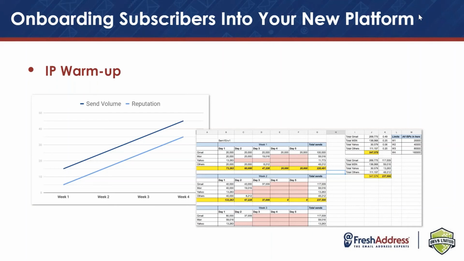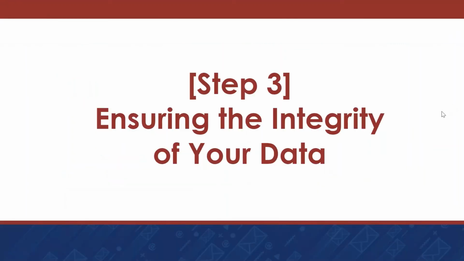This is why it's very important to know the metrics, open rates, click rate, to know the metrics about engagement, because you want to start sending to your most engaged subscribers. So this is the second step as you're migrating to a new email platform. That's very critical. Onboarding new subscribers into a new platform, you need to understand your deliverability rates, and you need to do it slowly.